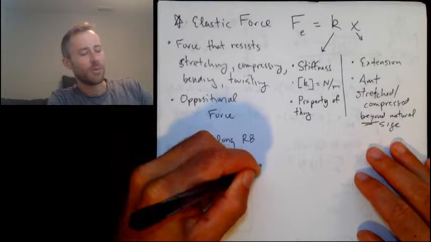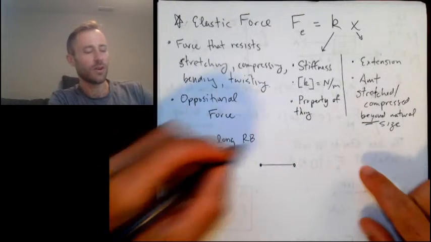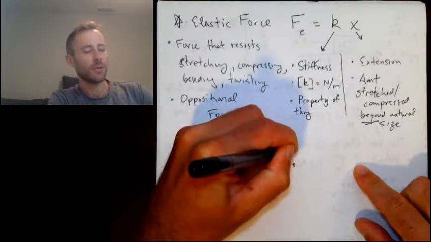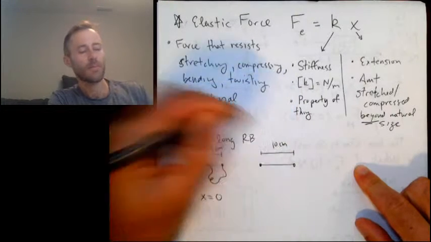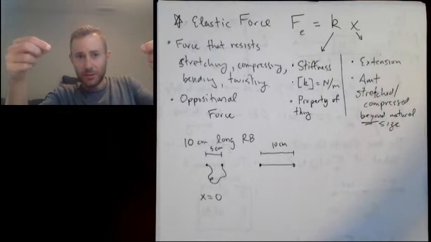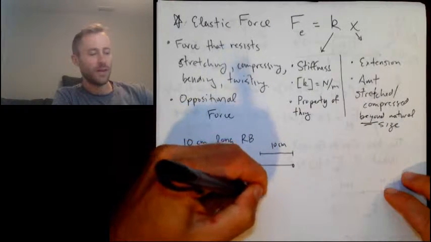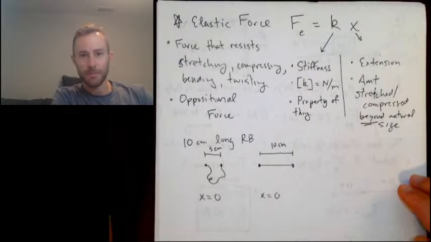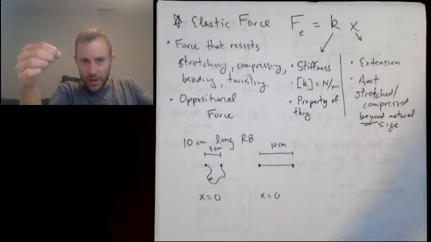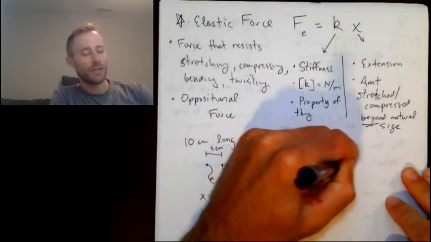What if I then pull the ends of the rubber band so that now the two ends are 10 centimeters apart? So I have pulled the rubber band taut, but I haven't actually stretched it yet. So still, we have x equals 0. But now what if I stretch the rubber band and I go beyond its natural length?